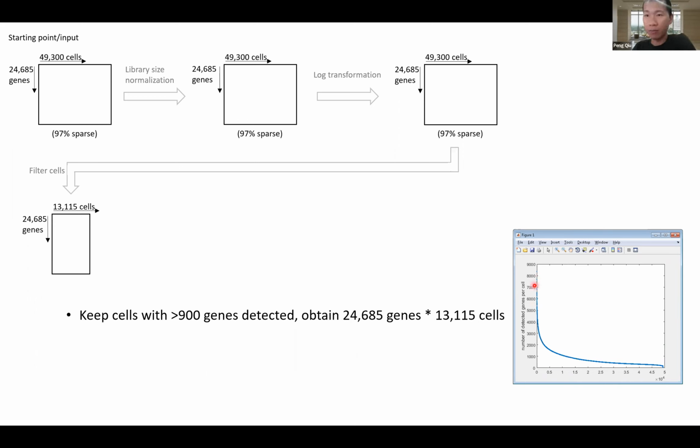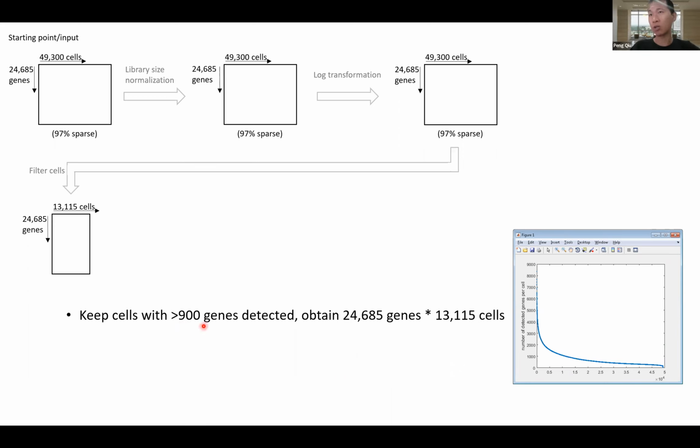So sometimes when people filter cells, they may apply 2 thresholds and say that only cells within a certain range of genes detected, we're going to keep those and consider those as high quality cells to perform clustering and define cell types. Okay, so in this paper, they only had one threshold here, a lower bound threshold, and this threshold excluded roughly 75%, or 3/4, of their cells.